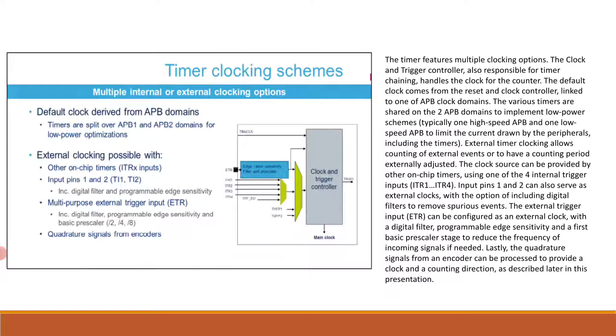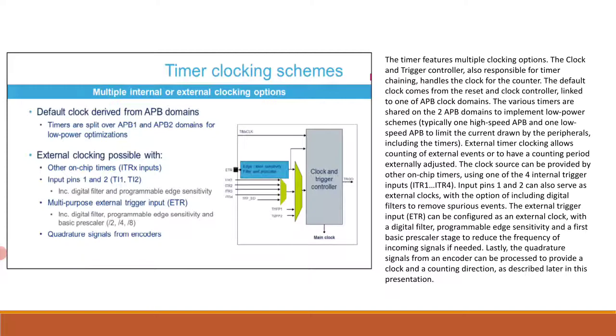The various timers are shared on the two APB domains to implement LP, that is low power schemes, typically one high speed APB and one low speed APB to limit the current drawn by the peripherals, including the timers. External timer clocking allows counting of external events or to have a counting period externally adjusted. The clock source can be provided by other on-chip timers using one of the four internal trigger inputs, ITR1 through ITR4.